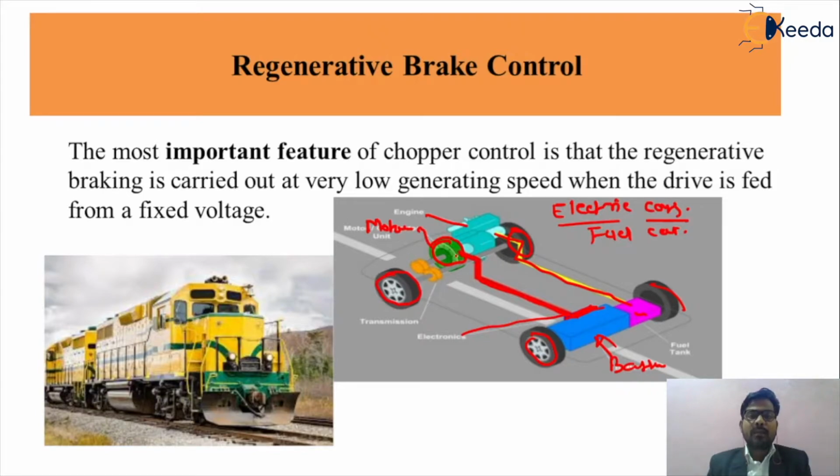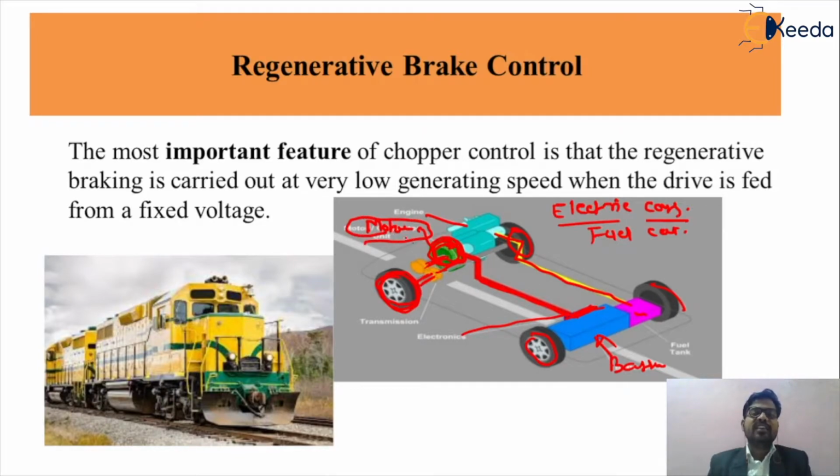What will happen is the energy from the wheel will be converted by this mechanism and coupled to the motor. Before braking starts, this motor first acts as a motor, but when regenerative braking takes place, the motor operates as a generator.